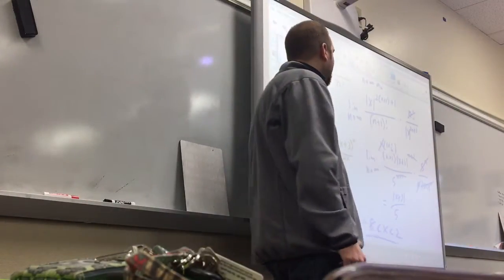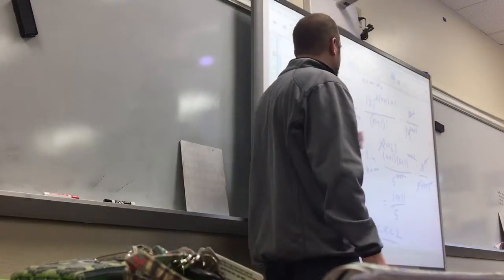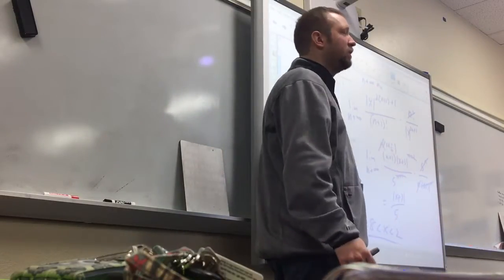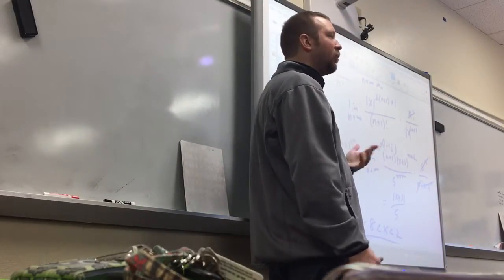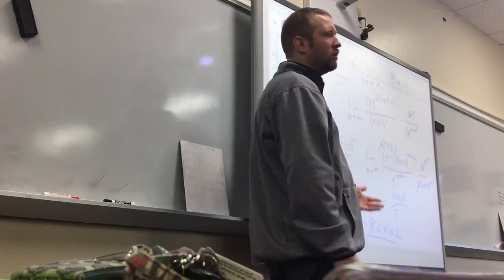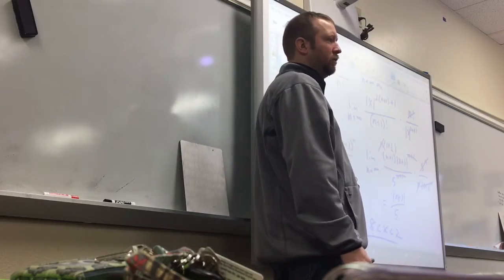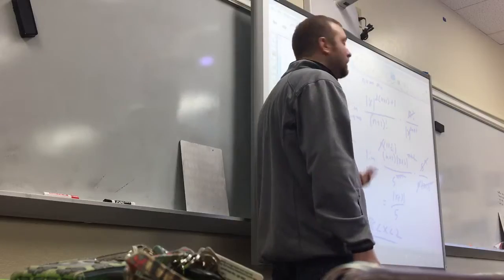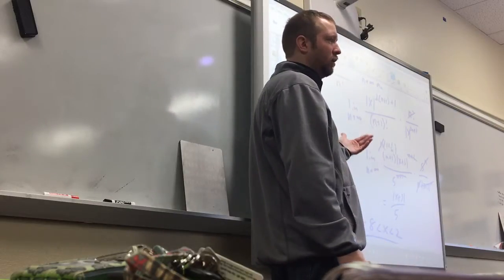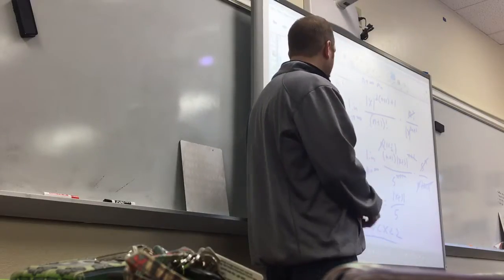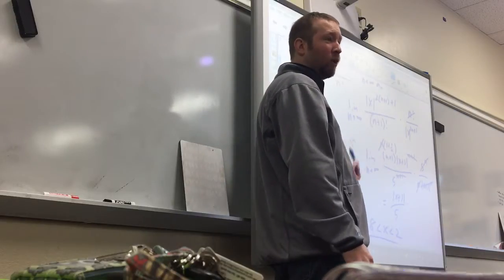But what we're finding here again is that if I put a number in like 0, this series will converge. If I put a number in like 1 for x, this series will converge. But if I put a number like 8 in for x, this series will diverge. Because now I'm going to get 11 to the n over 5 to the n.